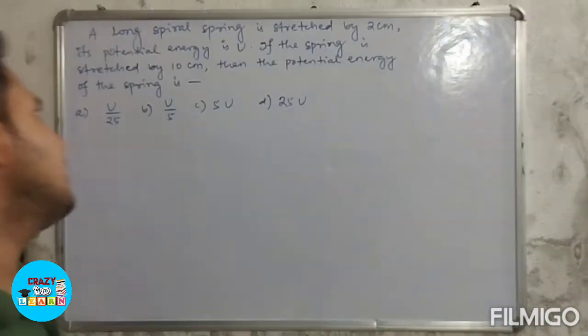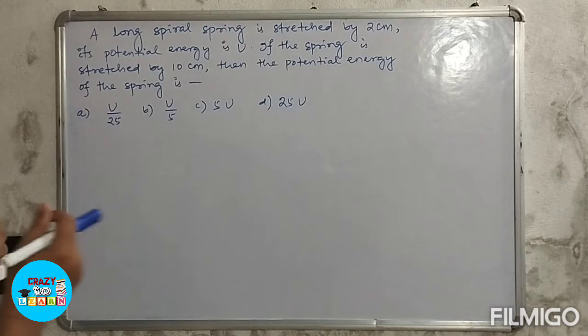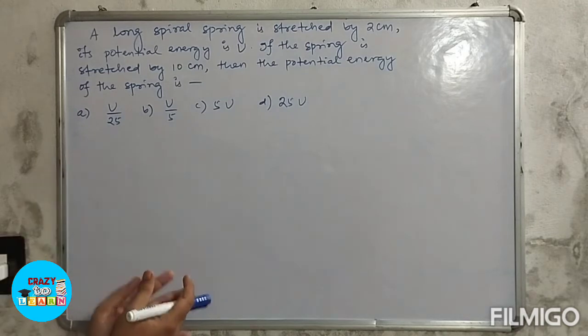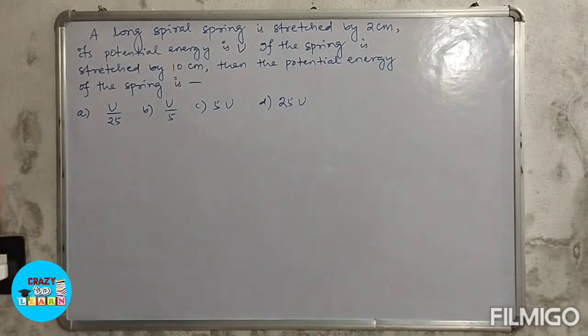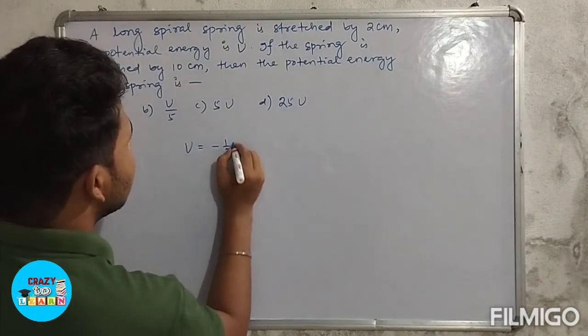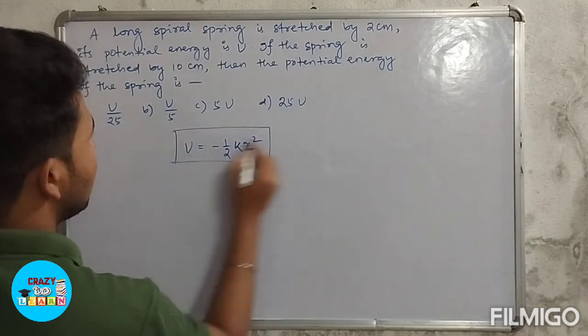This question is based on the concept of work done or potential energy stored in a spiral spring when it is stretched. We know the work done or potential energy when you stretch a spiral spring is U is equal to minus half Kx square. It is the formula you have to remember.